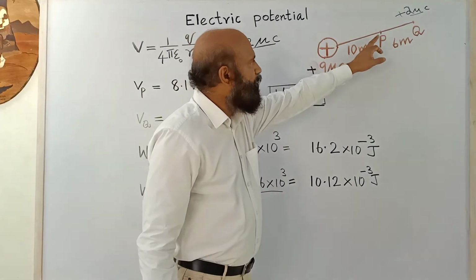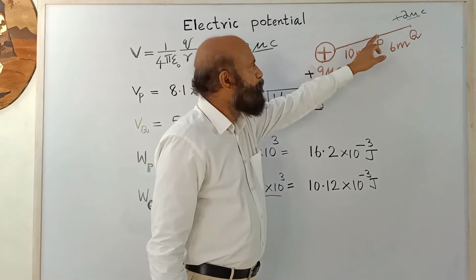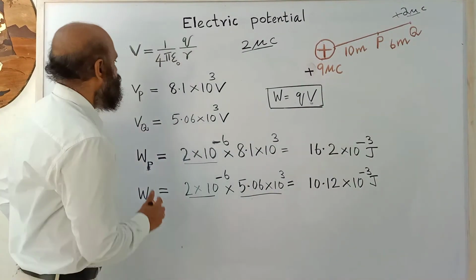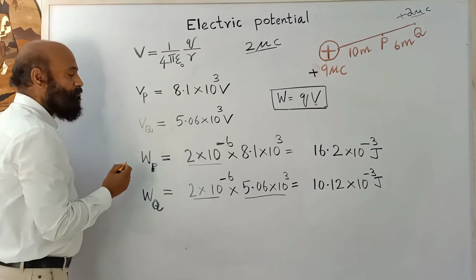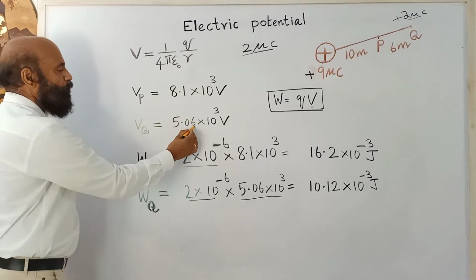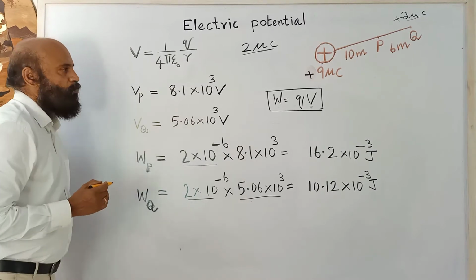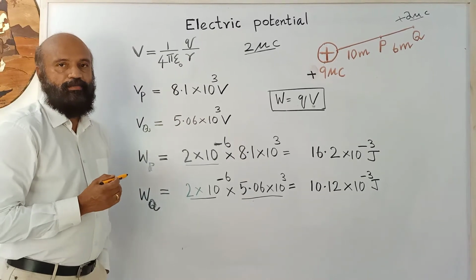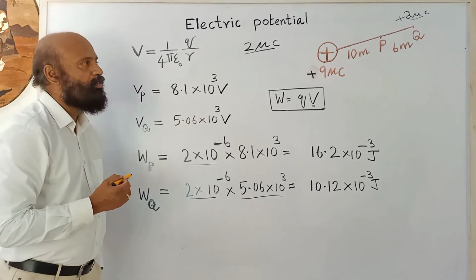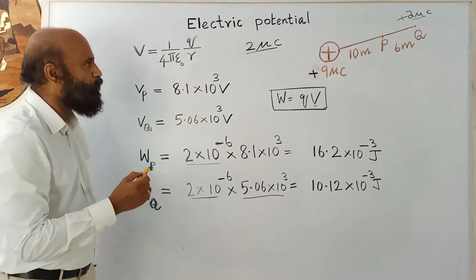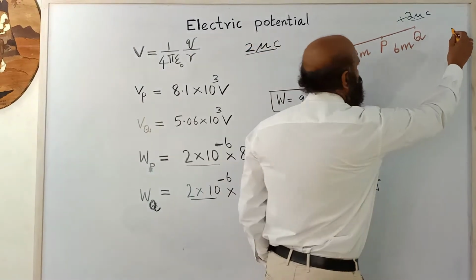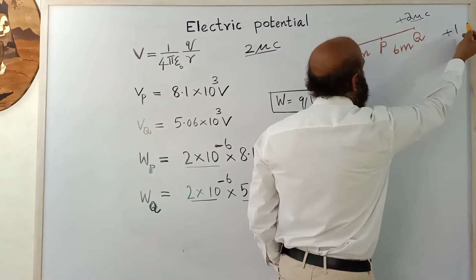Now we calculated the potential at P and Q. The potential at P is 8.1 into 10 raised to 3 volt. The potential at Q is 5.06 into 10 raised to 3 volt. Potential at a point means the amount of work to be done to take a unit positive charge from infinity to the point.